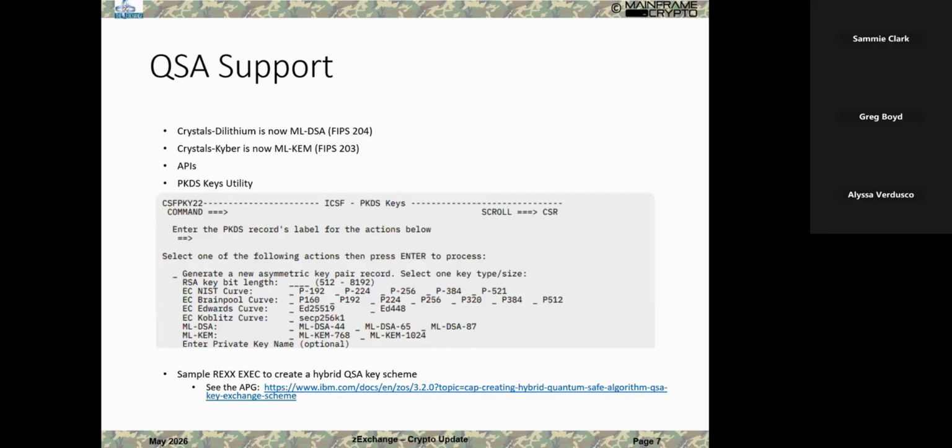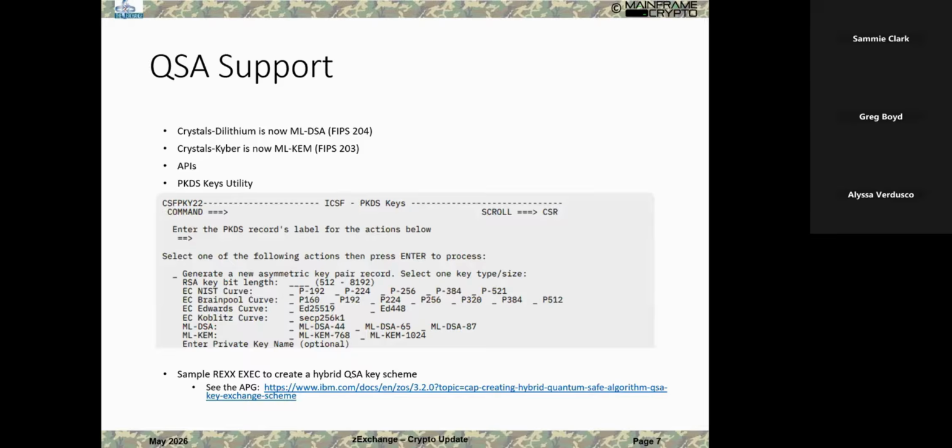Along with adding that QSA support in the hardware, like I mentioned, the APIs have been updated to reflect those new standards. The PKDS keys utility that's available on the ICSF panels has also been updated, so now you can use it to generate ML-DSA or ML-KEM keys, either one.